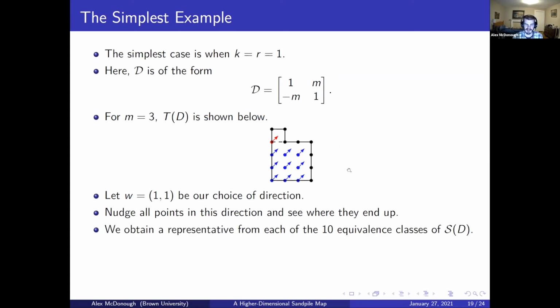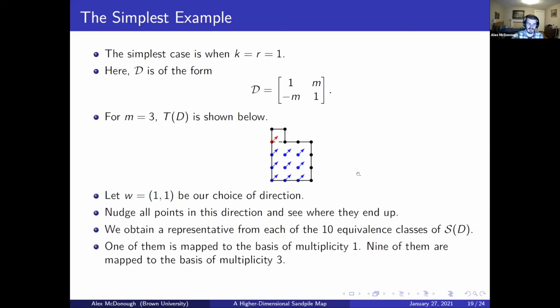And these are actually the 10 equivalence classes of the Sandpile group of D. So this is going to give us these 10 equivalence classes. And furthermore, our basis of multiplicity 1 is going to get one thing mapped into it, and our basis of multiplicity 3 is going to get 9 things mapped into it. So it's exactly that squared relationship that we are looking for.